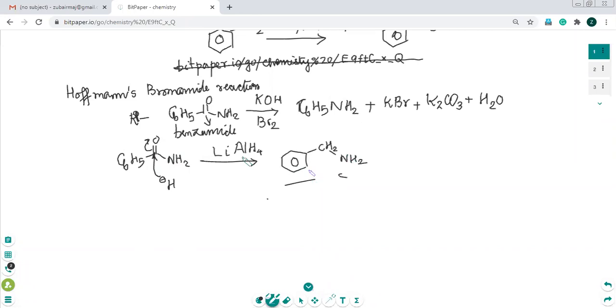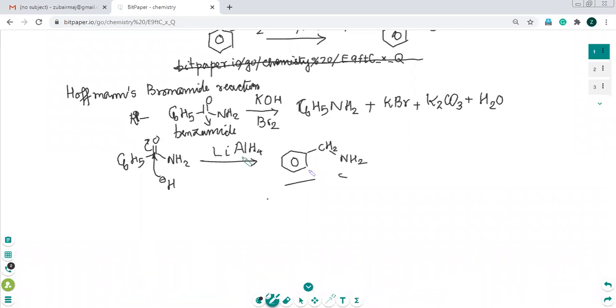Now let us look at the reactions of amines. Let me see whether any other method is there. Okay, I think that is quite enough for the preparation of amines.